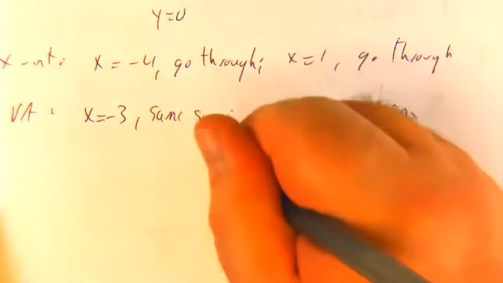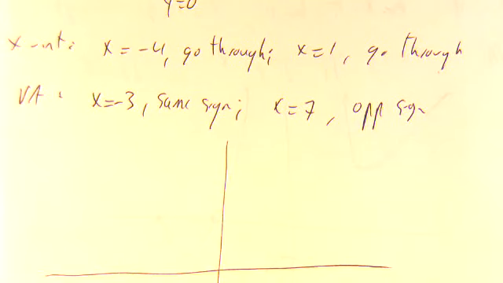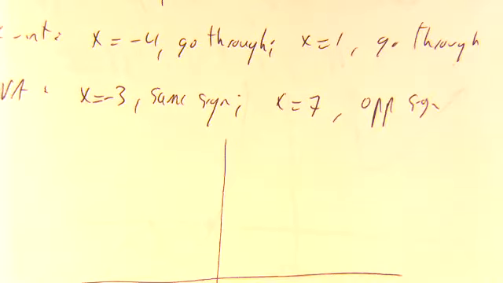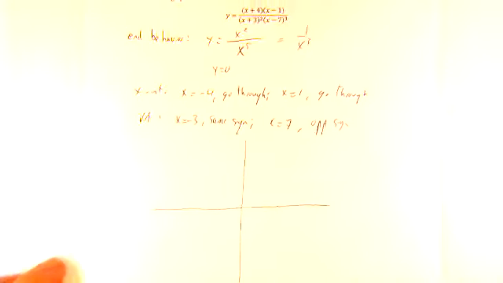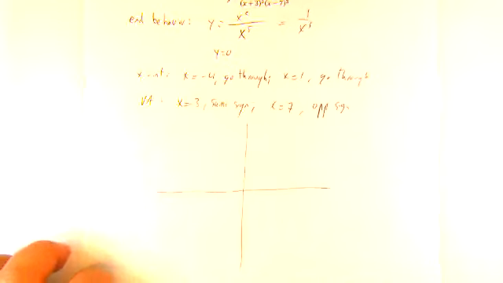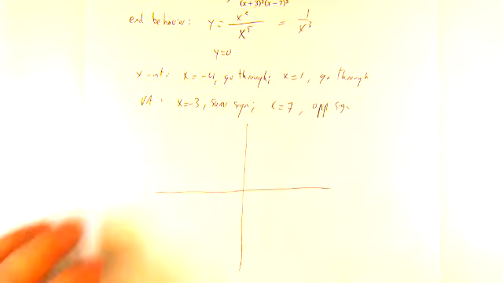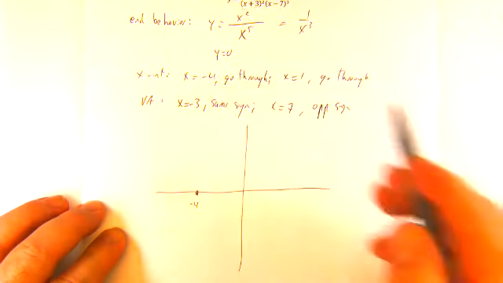So if we put all this together, and we'll zoom out a little bit so that we can actually see everything together, all my information and my graph. Okay, so going from left to right, we've got an x-intercept at -4, where we'll go through.